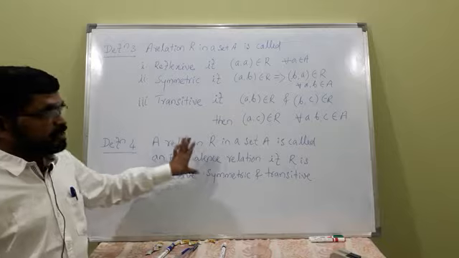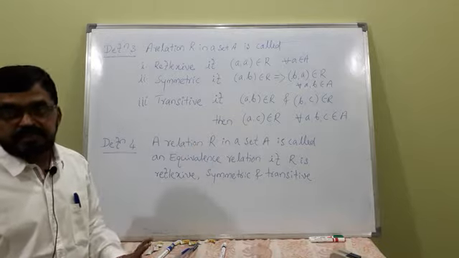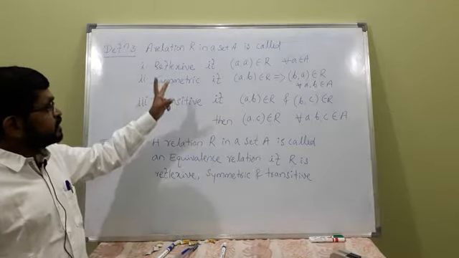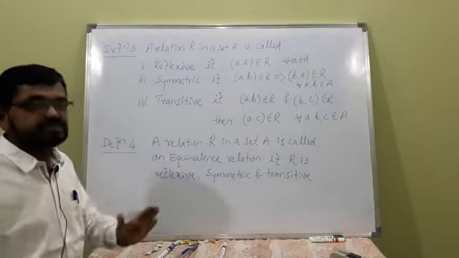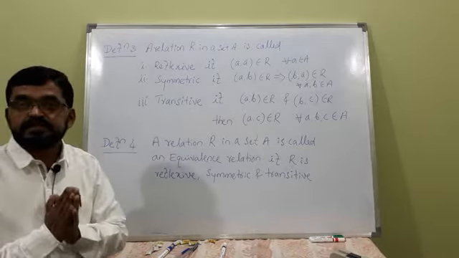A relation R is an equivalence relation if it satisfies the reflexive, symmetric and transitive properties. Only this much concept is there in this first part.